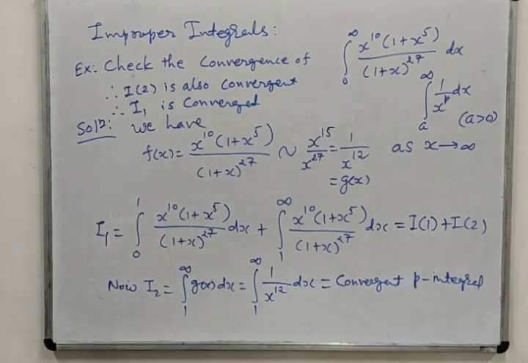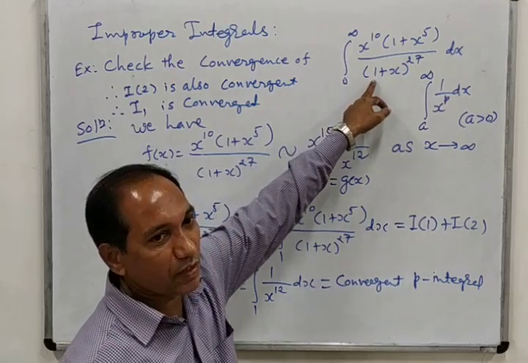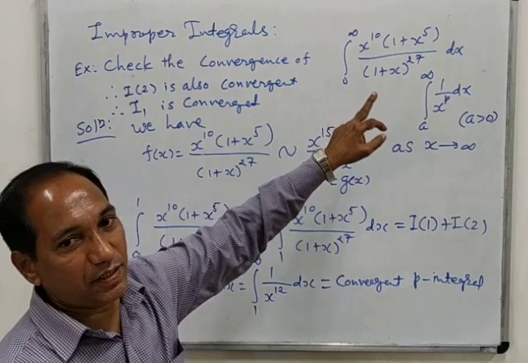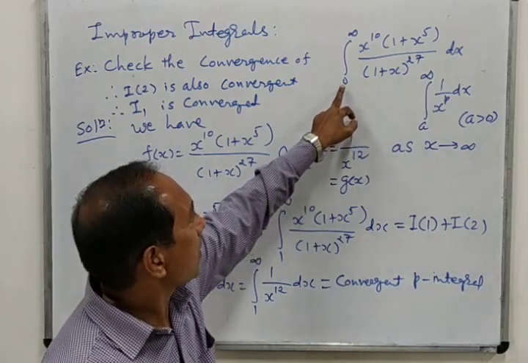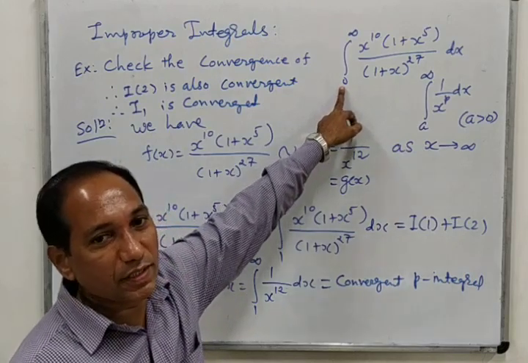So here you must note that due to the lower limit is 0, and as we are not integrating it directly, we want to apply comparison test, and that's why here we need the number greater than 0 instead of 0.